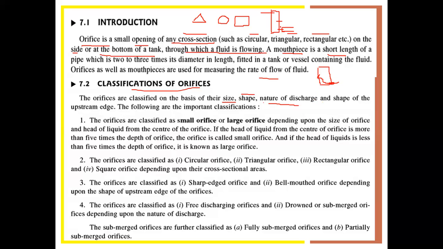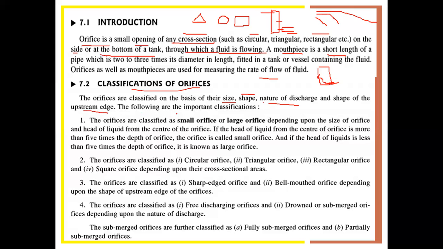For example, if your pipe is coming into the container, the water will flow just normally like this, from here to like this. So this is the orientation of the discharge, and the shape of the upstream edge.